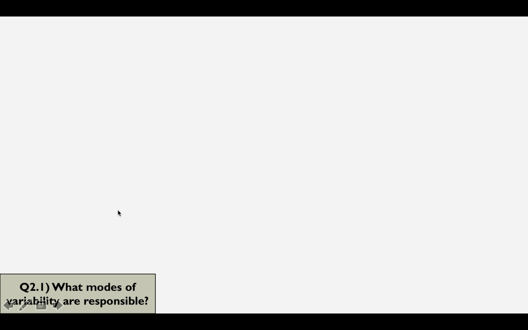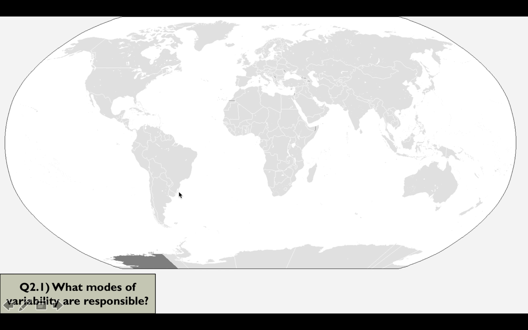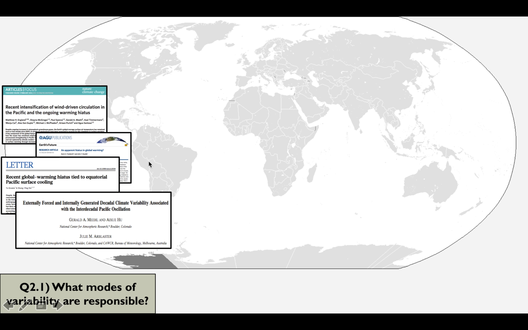So moving on to our first question about the mechanisms of unforced variability. Our first question is, what modes of variability are responsible, meaning what geographic locations are primarily driving global unforced variability. And this is motivated partially by a large disagreement in the literature, where there have been many papers that have suggested that the tropical Pacific region, so low frequency ENSO variability and or interdecadal Pacific oscillation variability, these modes are primarily responsible for driving unforced global temperature variability.